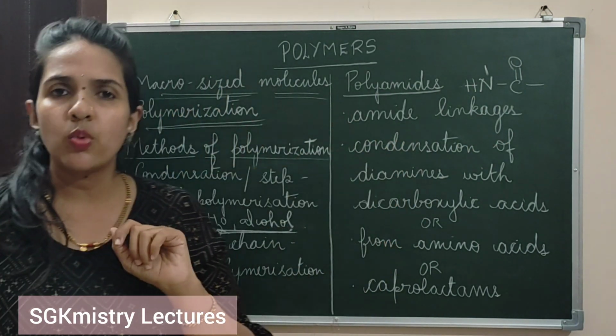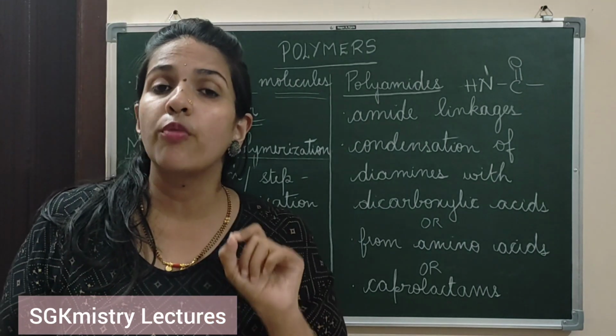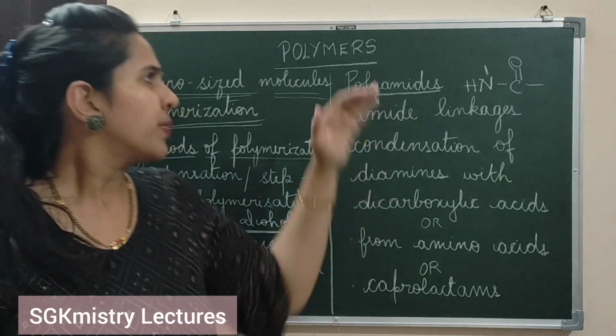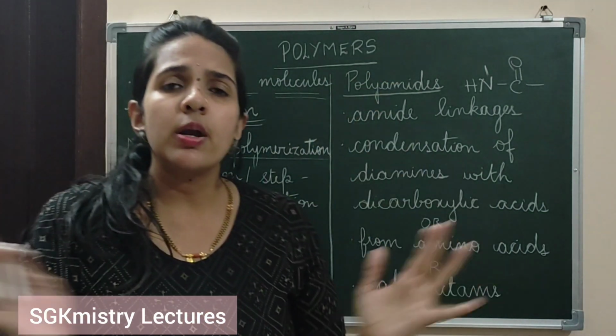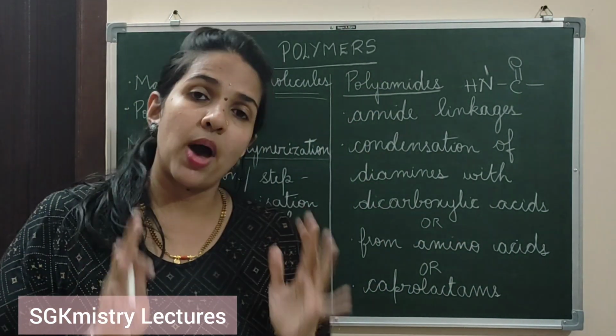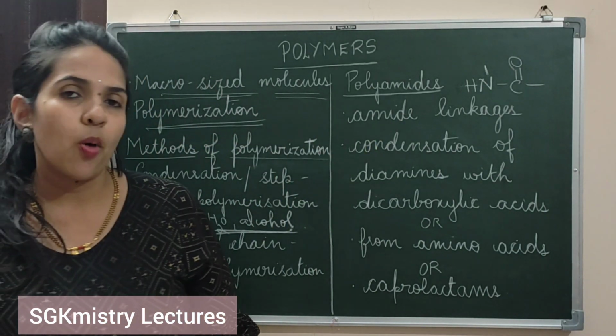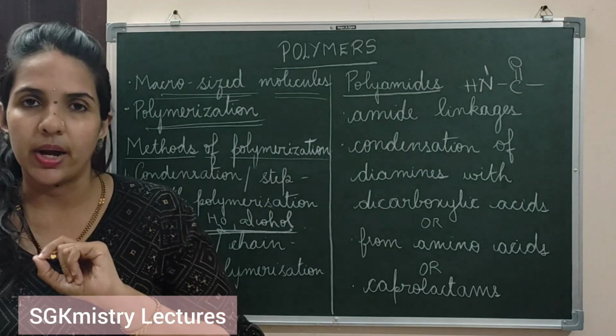When they combine with each other by the loss of a water molecule, they will give rise to this amide linkage. So when the different monomers are joined together by amide linkages to give the polymer, such polymers are called polyamides.